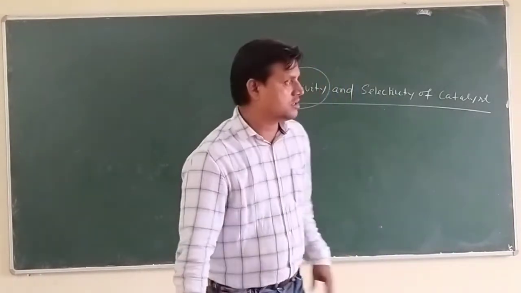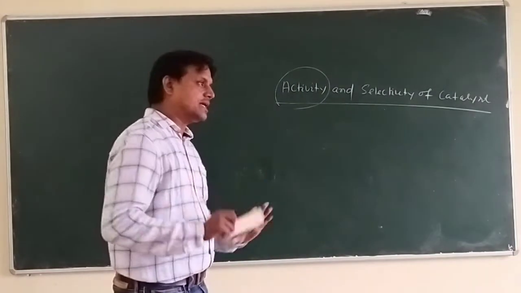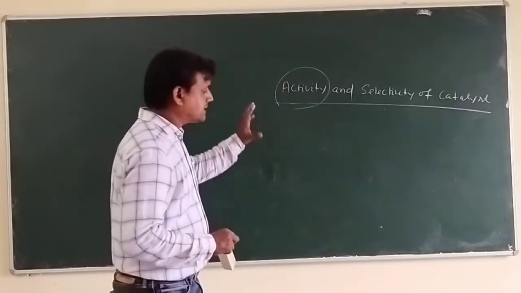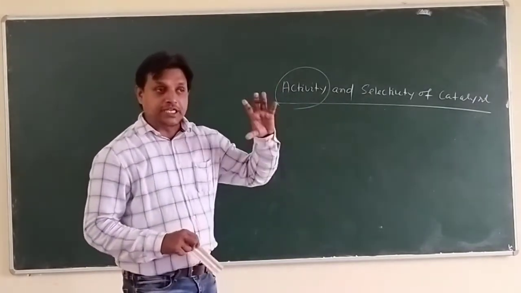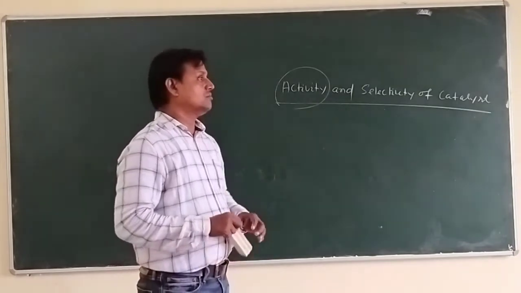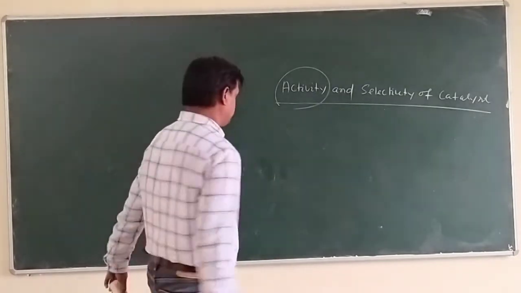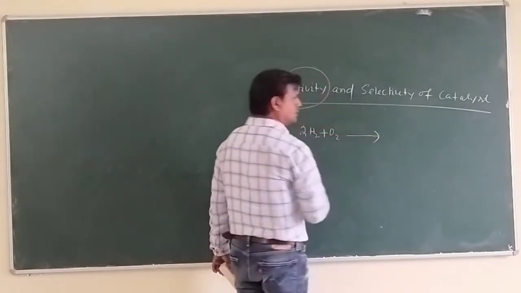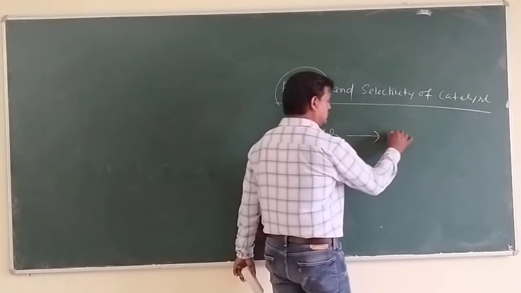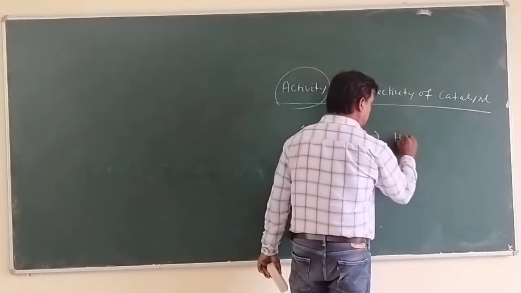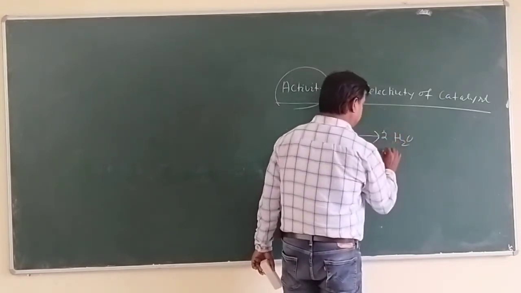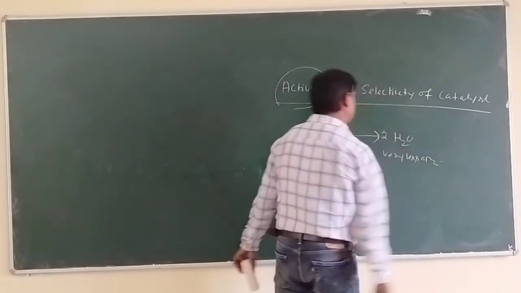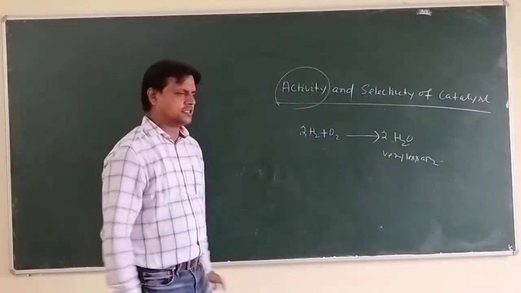Activity refers to the fact that in the absence of catalyst, a chemical reaction cannot occur. So activity denotes the ability of the catalyst to form the product. For example, 2H2 plus O2. In the absence of the catalyst platinum, there is no formation of water, or a negligible amount of water is formed.